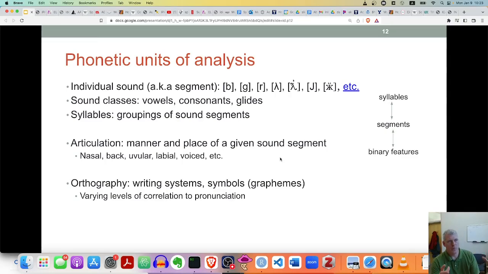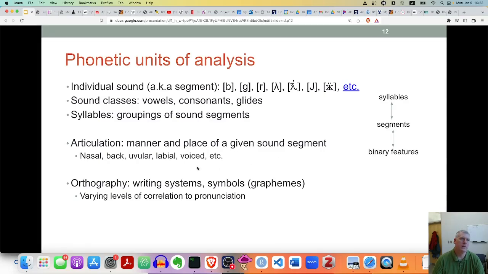Now you can group sounds together into classes. We talk about vowels, consonants, and glides, which are kind of halfway between a vowel and a consonant. And we talk about syllables, groupings of sound segments together. For articulation, we talk about the manner and place of articulation as well as the action of the vocal folds, whether it's voicing or not.